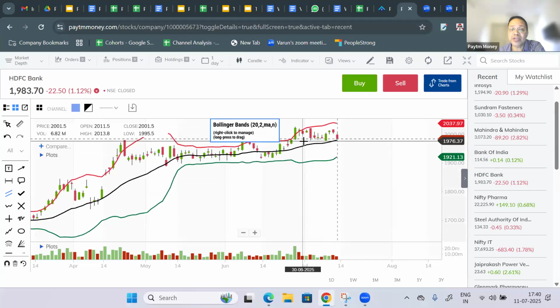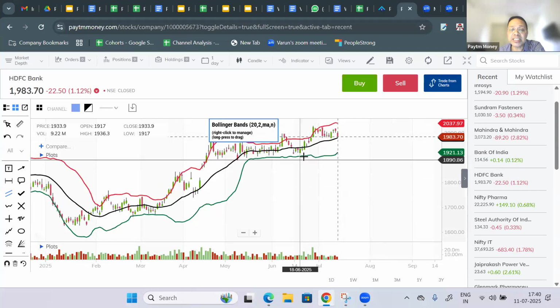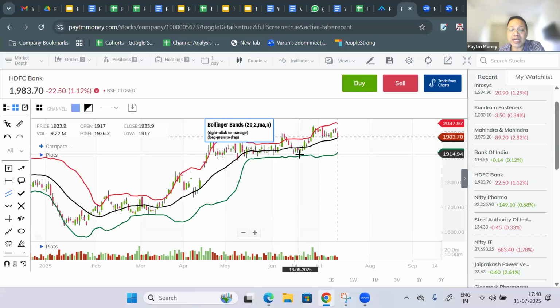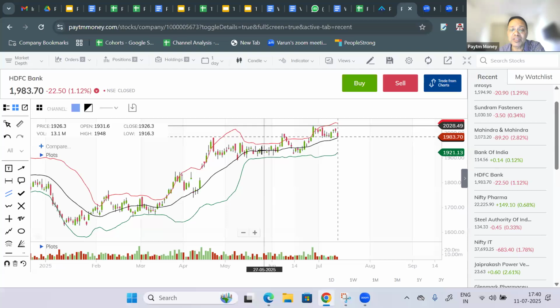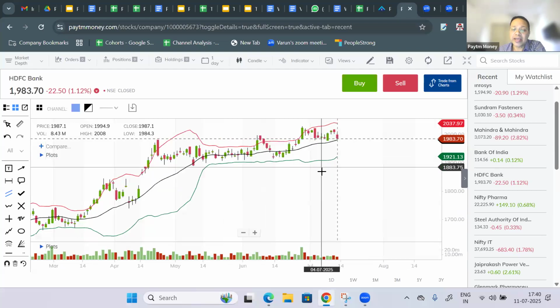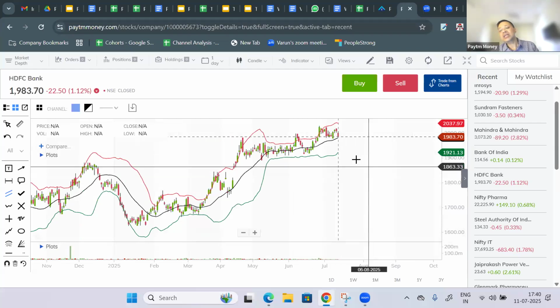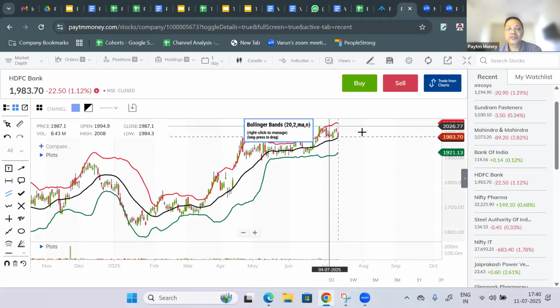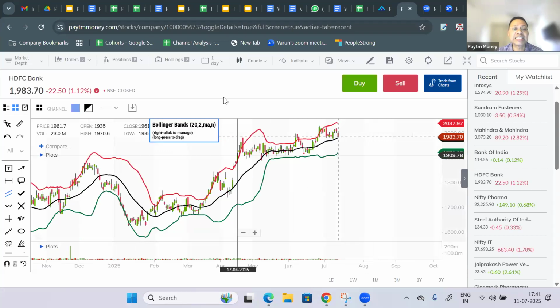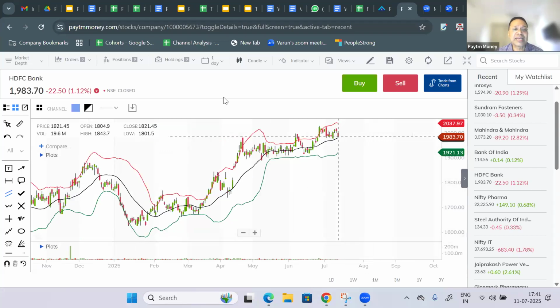It's in a very tight range. This is again a very congested zone. This has already been tested, retested. This is the lower end of a channel, this is the upper end of the channel. There are lots of supports here. So eventually we are expecting that maybe in a day or two, it might go to the upper side. This is a daily, 1 day candle.